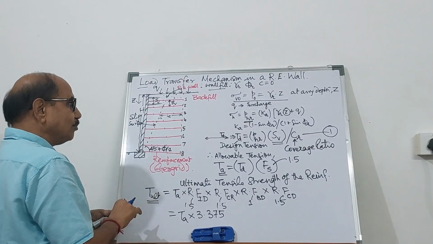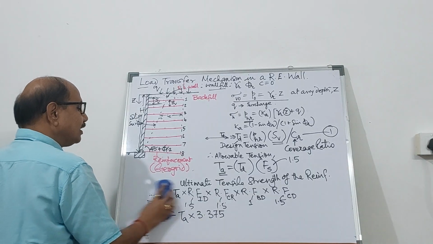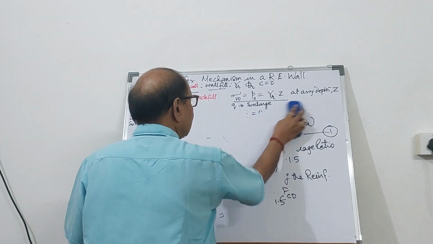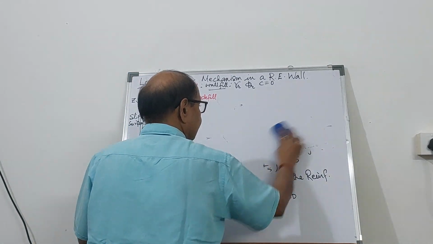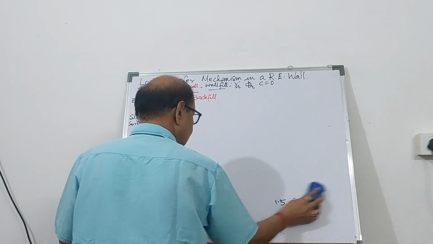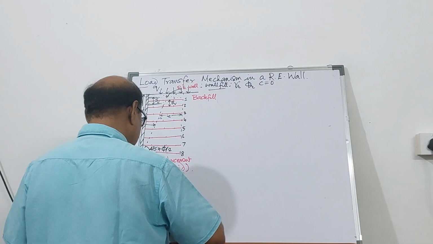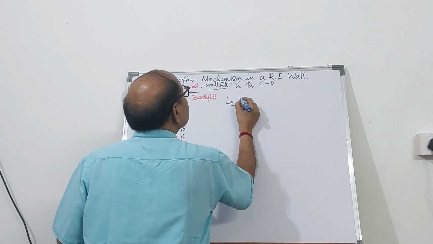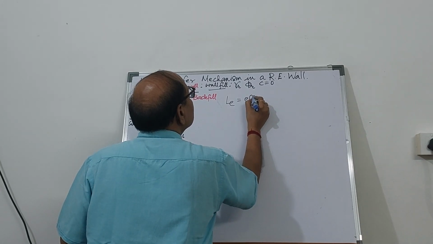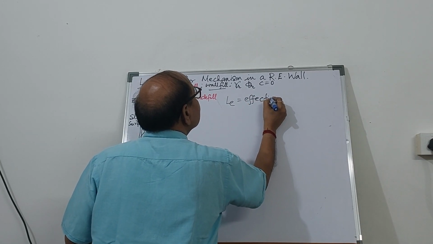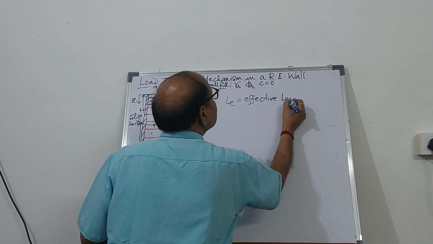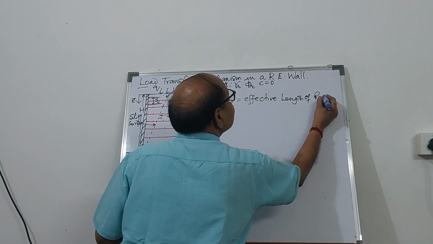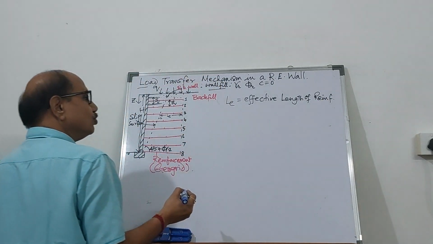So I am going to have an effective length LE in the wall fill. So friends, LE equals the effective length of reinforcement, that is geogrid. I am talking about a geogrid reinforced wall.